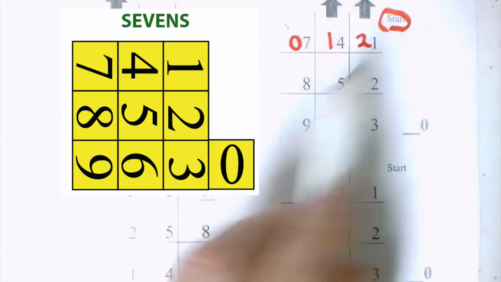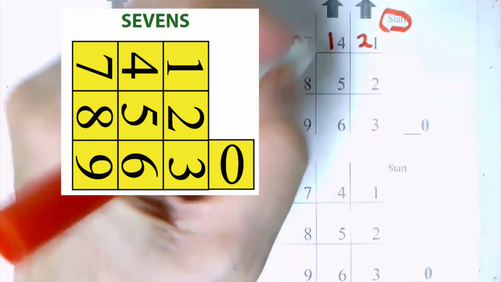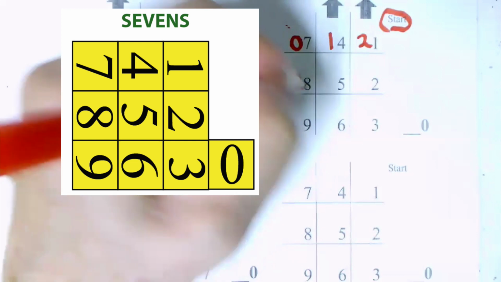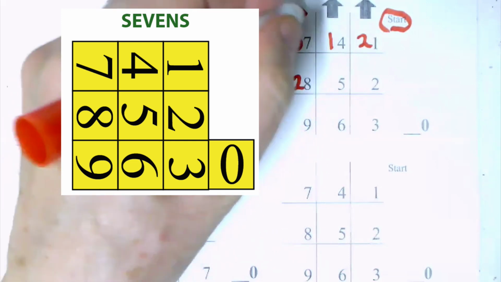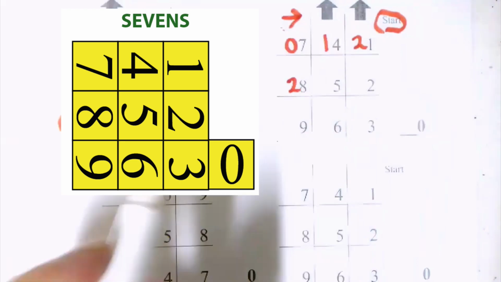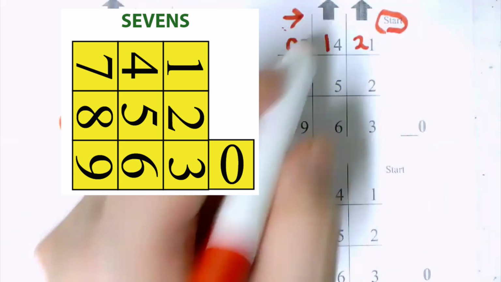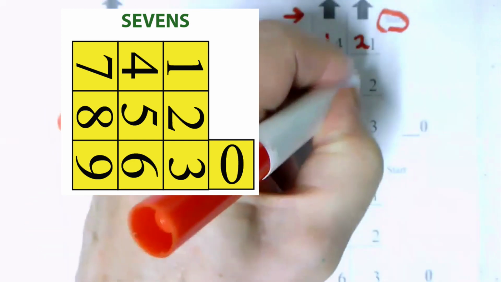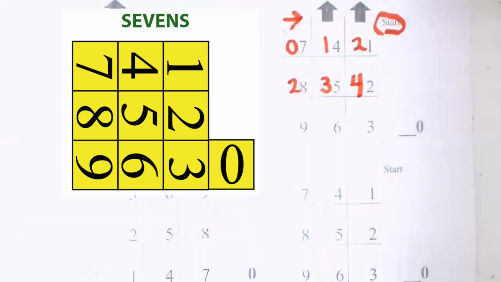Now, when we go from 1 to 8, that's getting bigger, so we can just say the 2, and put an arrow that way because it just stays the same as before. Now, from 2, it goes up and goes up. 3 and 4.